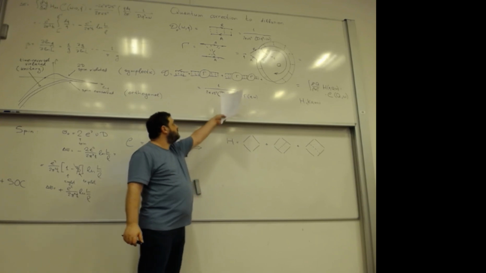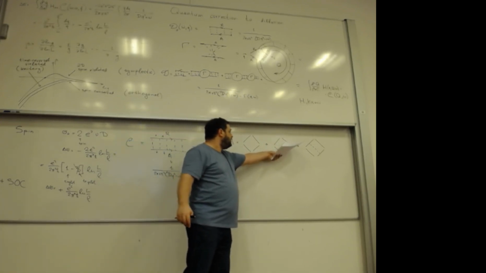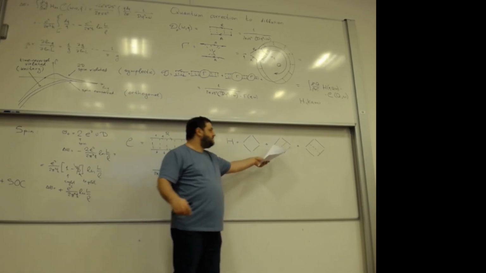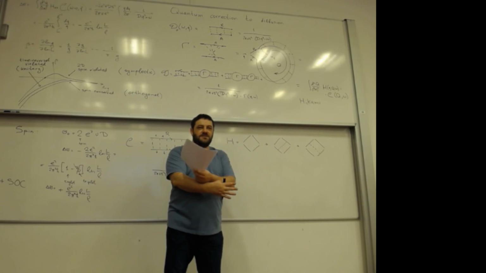I didn't draw it there, but it turns out that if you insert one extra impurity line in this direction, it will not introduce a new crossing of dashed lines.